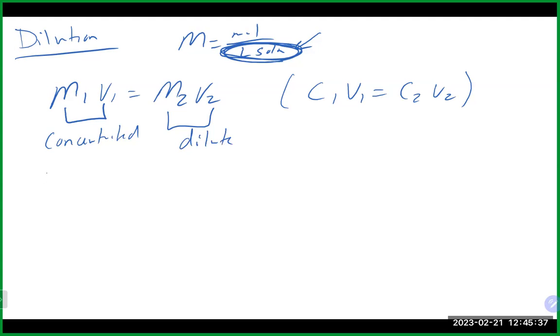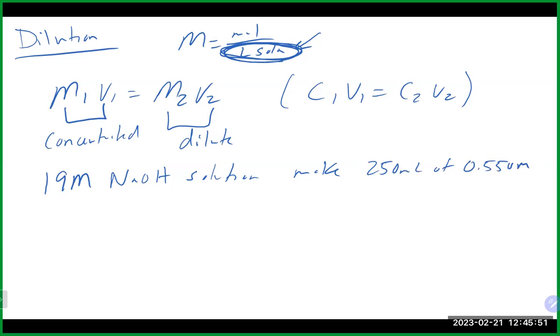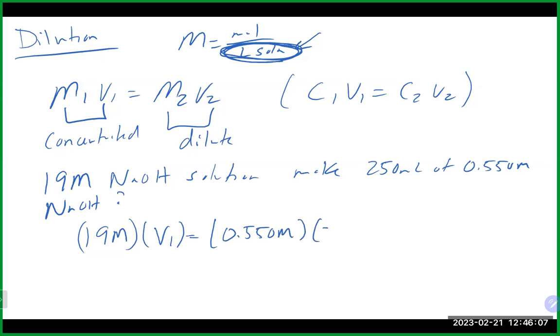So if I had a 19 molar sodium hydroxide solution and I wanted to make 250 milliliters of a 0.55 molar sodium hydroxide solution, I would put it into my equation. 19 molar would be my M1. V1, I don't know. M2 would be 0.55 molar, and my total volume would be 250 milliliters.